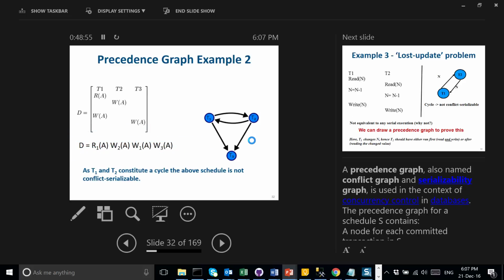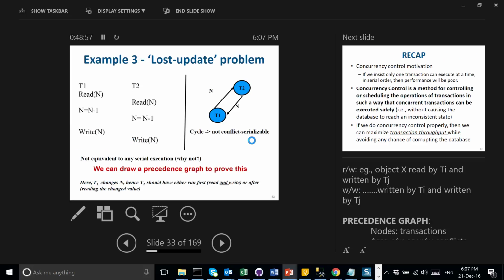Okay. Same thing here. This one is a non-serializable schedule, and you can see that this one is an example of a lost update. You see these two, they both read, and one of them goes ahead, changes what it read, and updates.